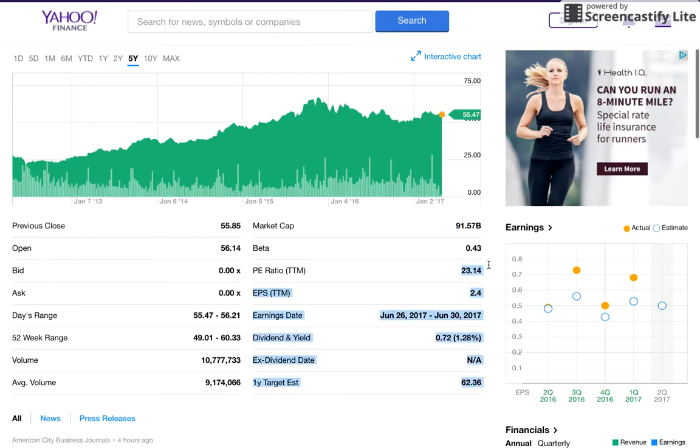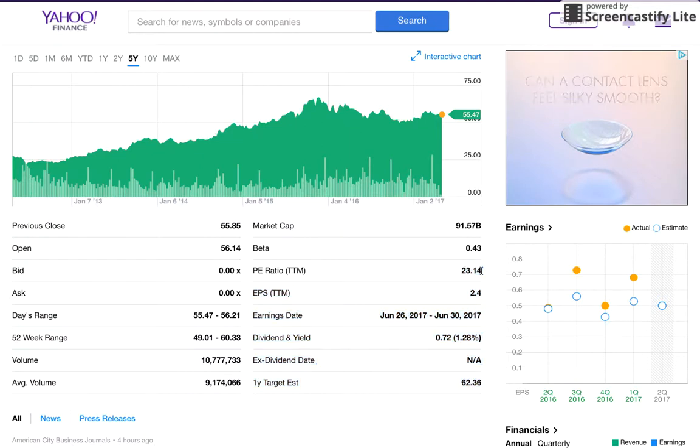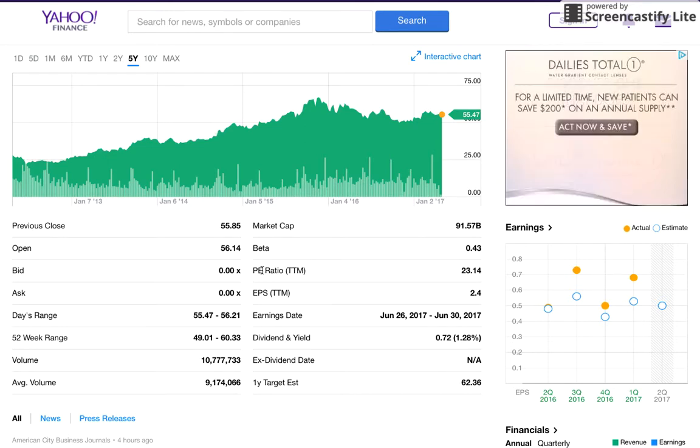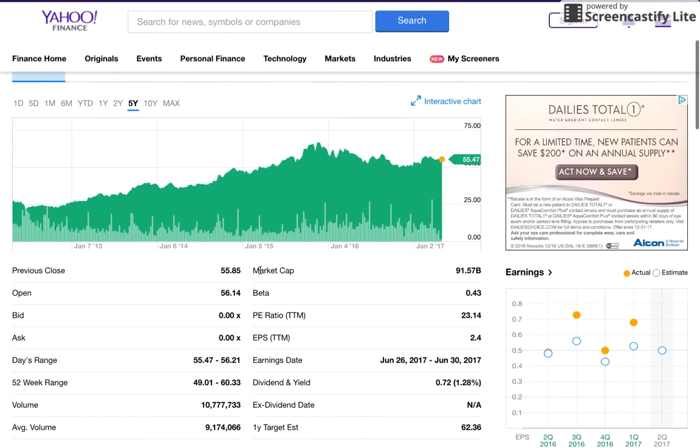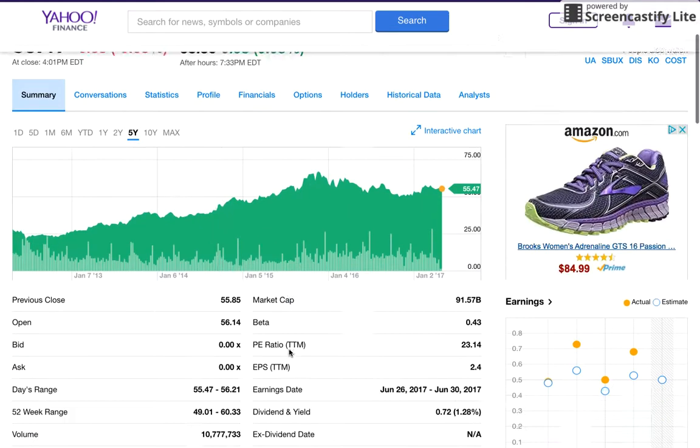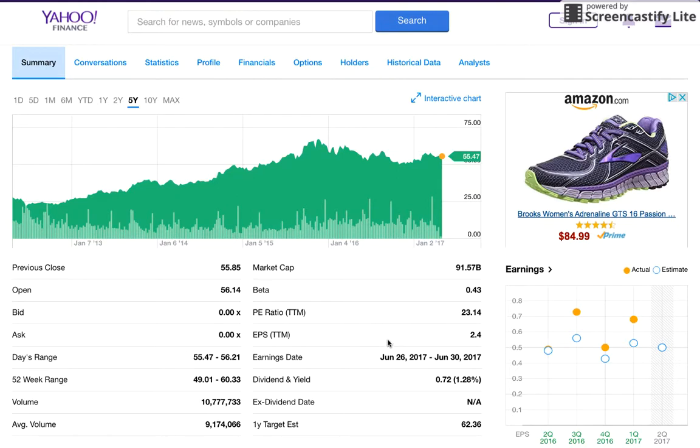Let's talk about the PE ratio. And again, this is in your notes on the worksheet on 3-9. PE ratio, P stands for price, divided by earnings. You might want to write that down. So the price of the stock, which is $55, divided by the earnings of the company, I'd have to look it up, gives you this ratio.